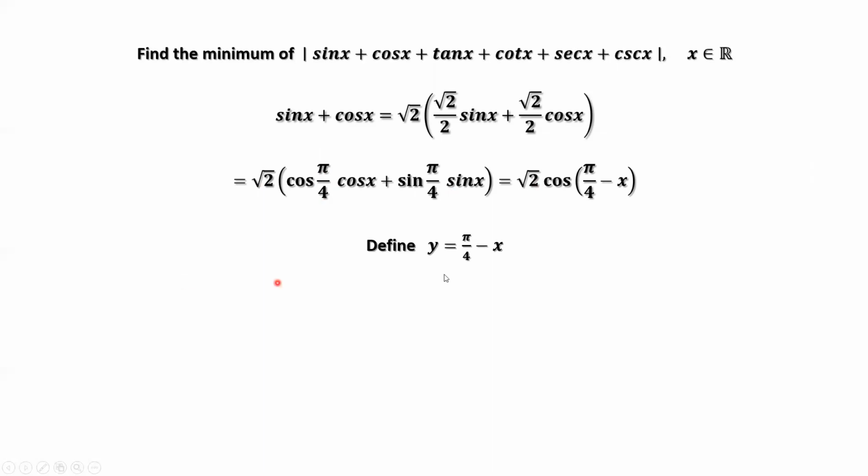If we define y equals pi over 4 minus x, then we have sine x plus cosine x equals square root of 2 times cosine y. Now we converted sine x plus cosine x into cosine.